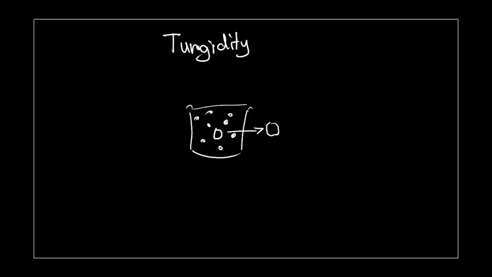Because after all, inside of that cell, it has something we already learned about in the previous video, cell sap. And that cell sap contains a really strong solution, and for this reason, due to osmosis, it swells up and ultimately it blows up. And we can say the cell sap blows up. Okay, so we can say that the cell is turgid.